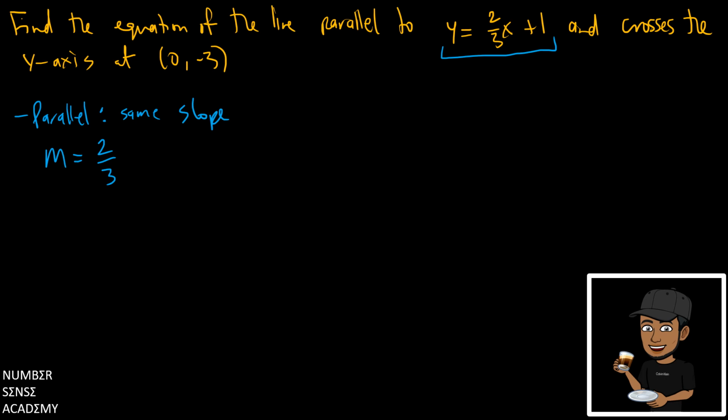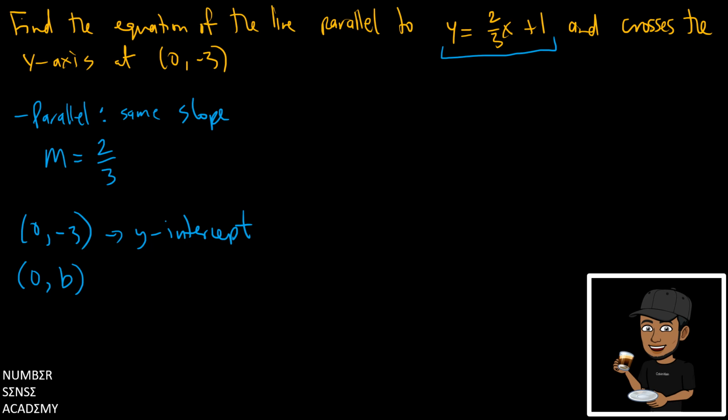Well, if it crosses the y-axis at (0, -3), this is the y-intercept. And the y-intercept always has x as 0, and then the other value is b. So that means b is -3.